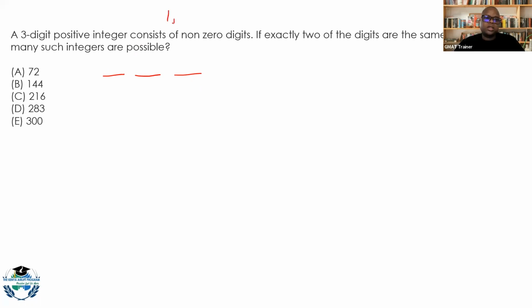So we have 1, 2, 3, 4, 5, 6, 7, 8, and 9. These are 9 digits in total to pick from, 2 of which have to be exactly the same.